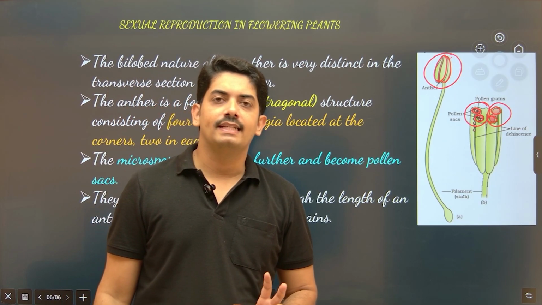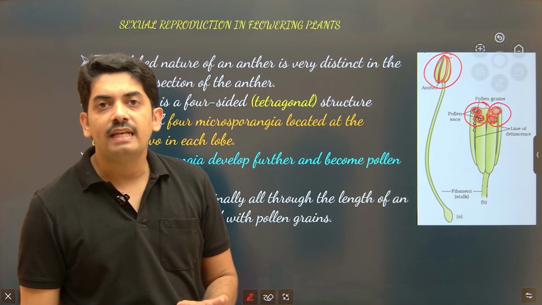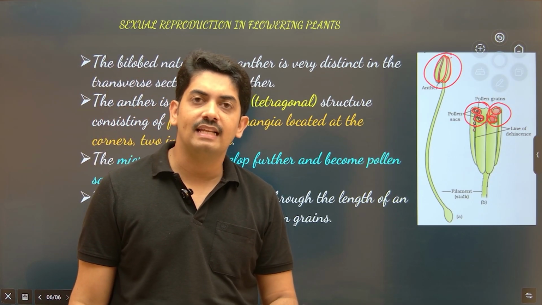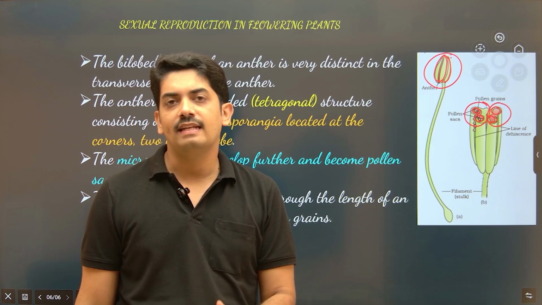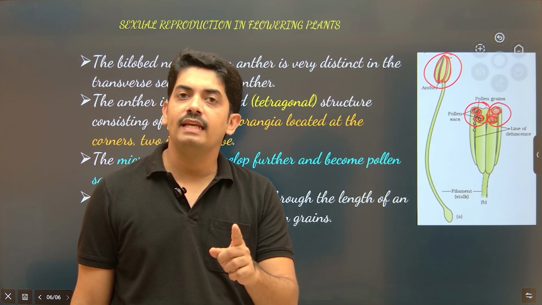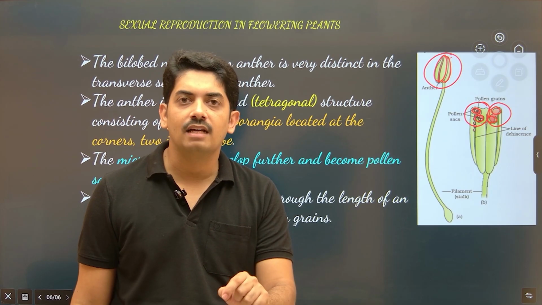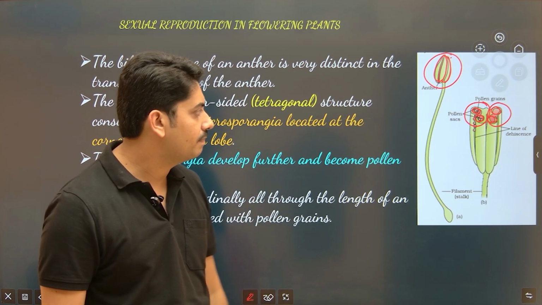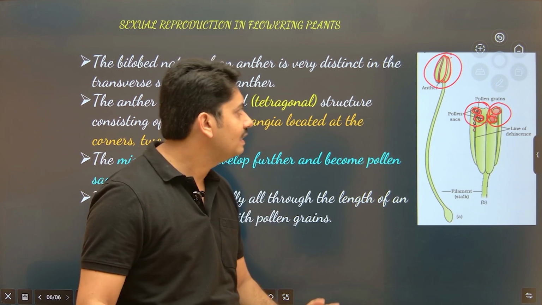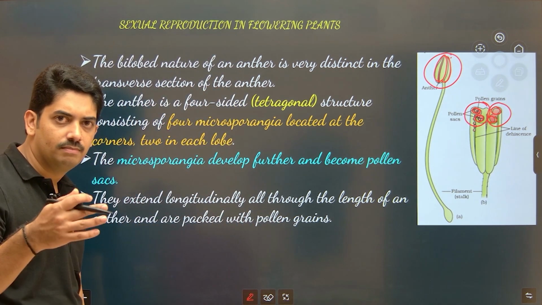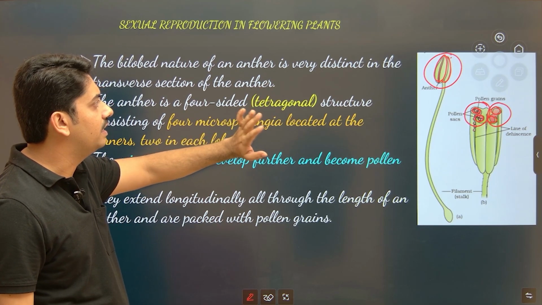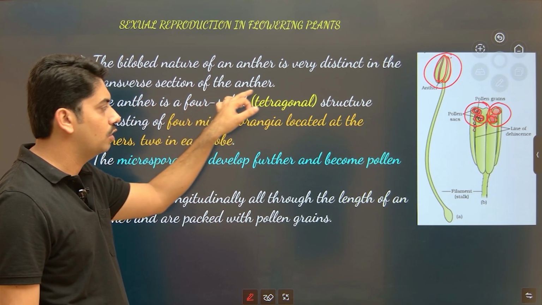Suppose in a competitive exam, they ask how many microsporangia are present in one anther, what will you say? In one anther there are 4 microsporangia. Nothing but how many pollen sacs are present? 4 pollen sacs are present, because microsporangia develop into pollen sacs. We'll try to understand the words one by one. The bilobed nature of the anther is very distinct in the transverse section of the anther.